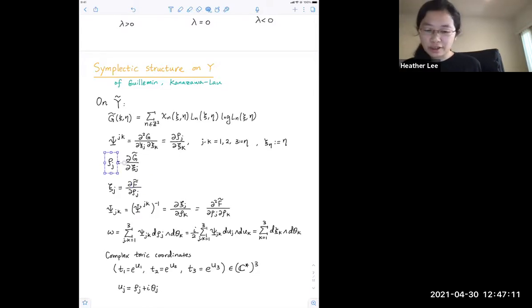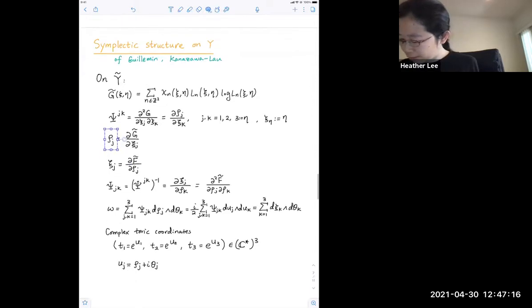Rho is actually part of the complex toric coordinate. So this Y has the complex T3 acting on it, and the 3 complex toric coordinates are T1, T2, T3, and the real part of the complex toric coordinate is e to the rho.